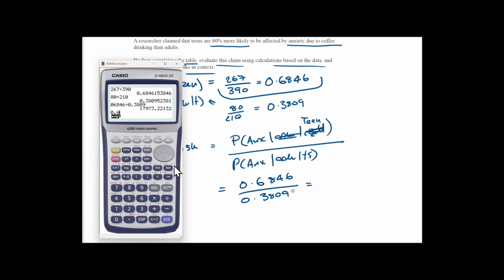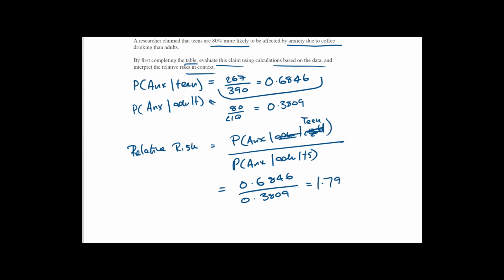Okay, 0.6846 divided by 0.3809 is 1.797, which is pretty close to 1.8, or 80% more.